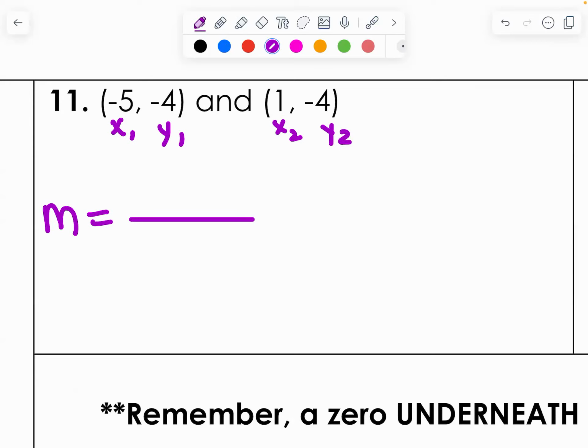Sophia, what do I need to put in our numerator? -4 minus -4. Mr. Powell's getting excited. Ruby, what about our denominator? What are we gonna write? 1 minus -5. Austin, Mr. Powell's excited about this one because what do we get in our numerator? What's -4 minus -4?